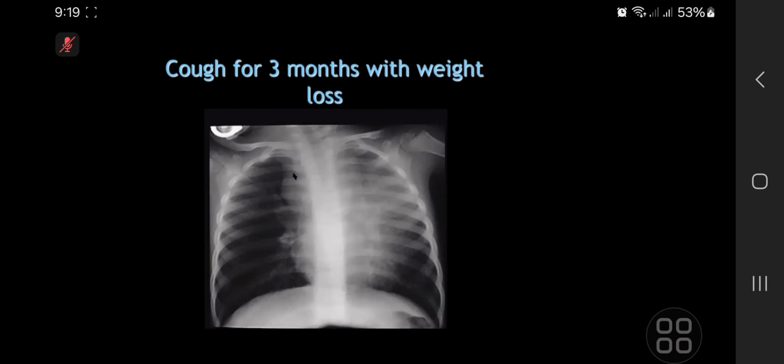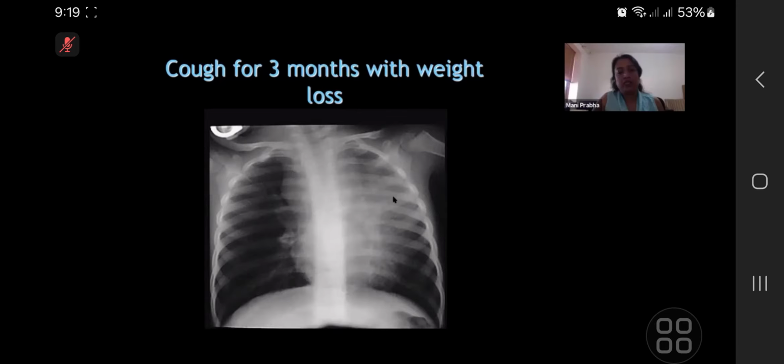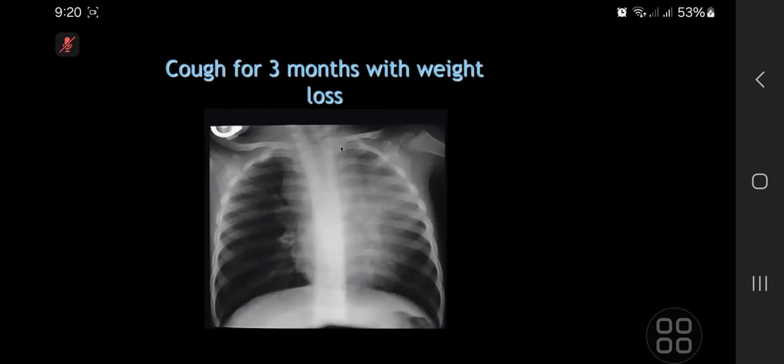Yes. So lymph node enlargement in the mediastinum, and there is opacification in the lung, which is probably a consolidation because there is clear silhouette of the cardiac border. With this kind of history, what would you like to consider and what would you like to do next? Sure. Given a superior mediastinal mass, we think it could be lymphoma.